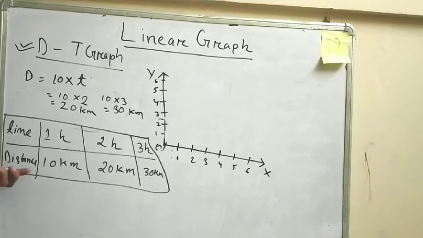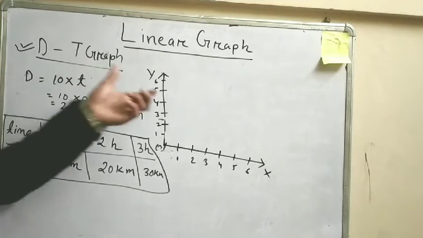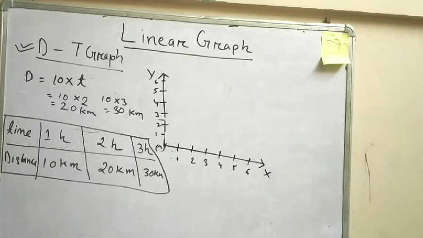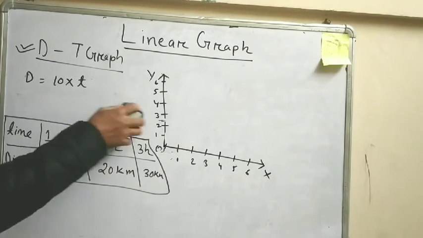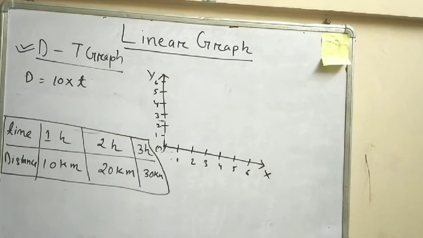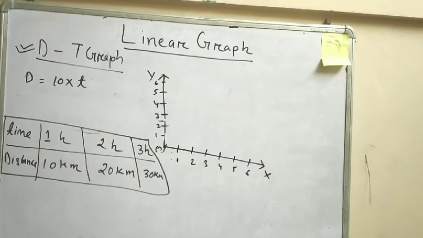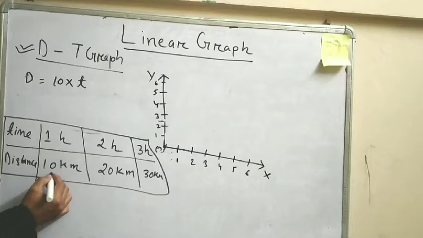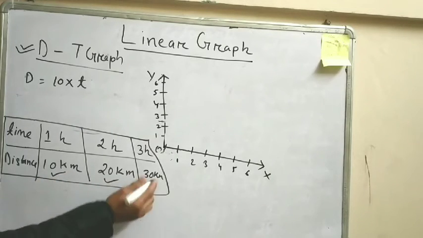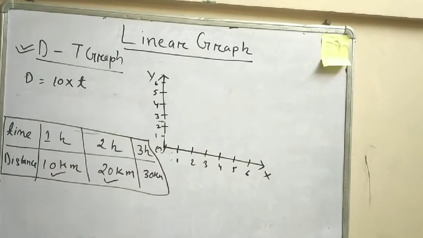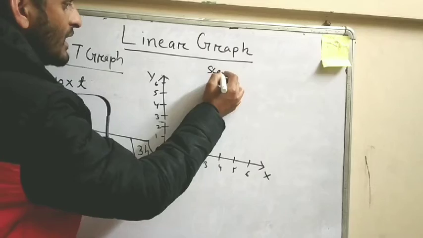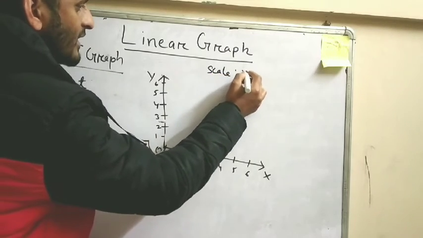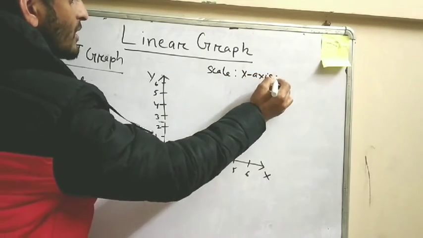Now we are going to plot this data on the graph paper. While plotting this data, students, you must keep in mind that the data should fit in our Cartesian plane. So for that we have to choose a scale. Now we are taking the scale along the x-axis.